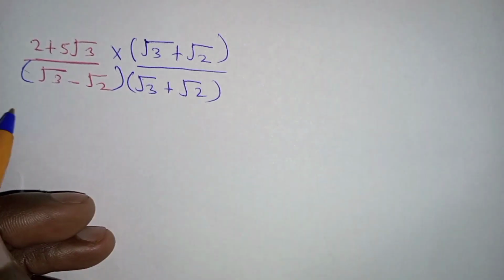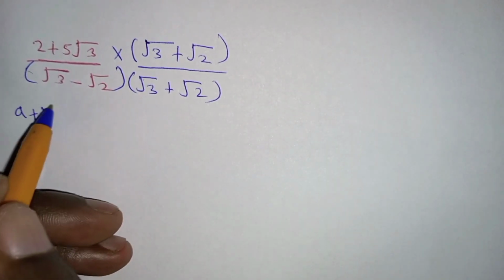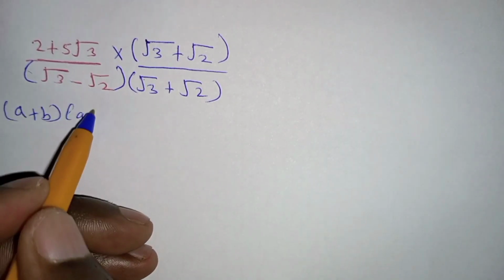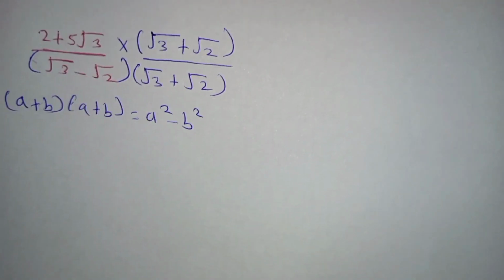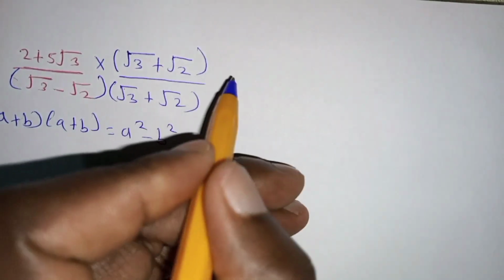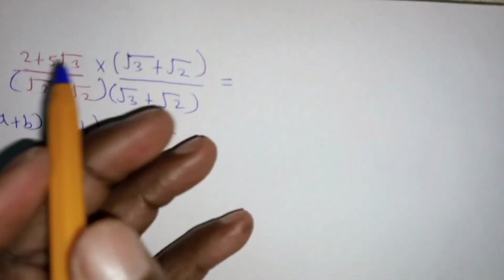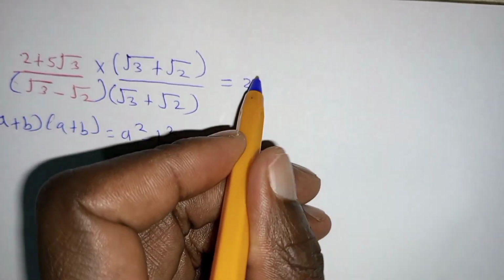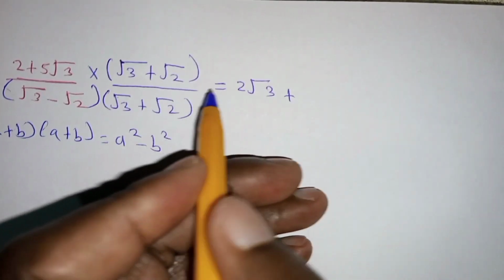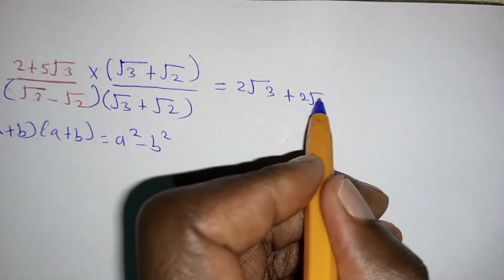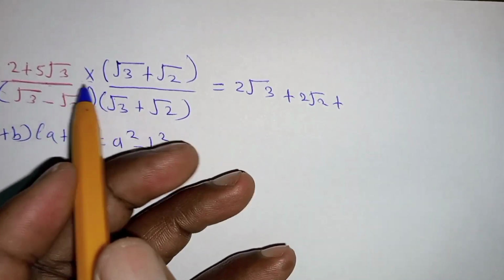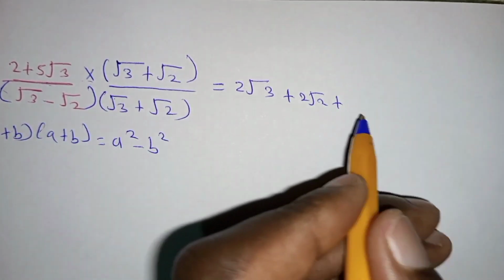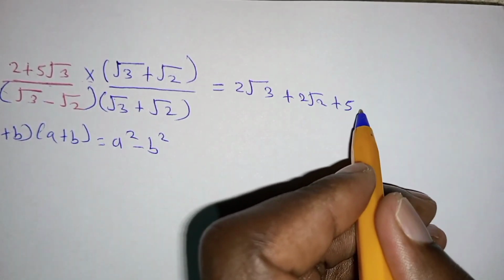We make use of this identity that when you have a plus b multiplied by a plus b, the result will be a squared minus b squared. So our numerator will be 2 times root of 3, which will be 2 root 3, plus 2 times root 2 will be 2 root 2, plus 5 times root 3 times root 3 will be 5 multiplied by 3.